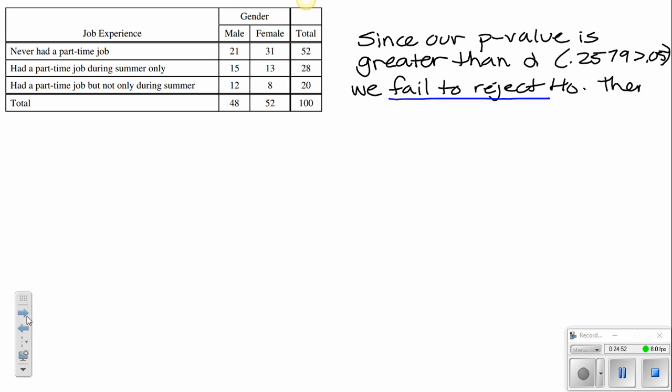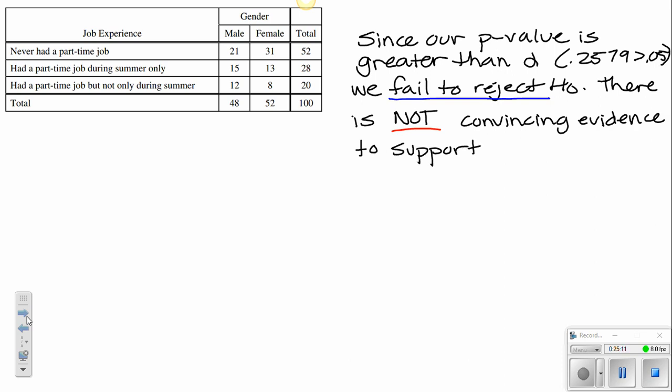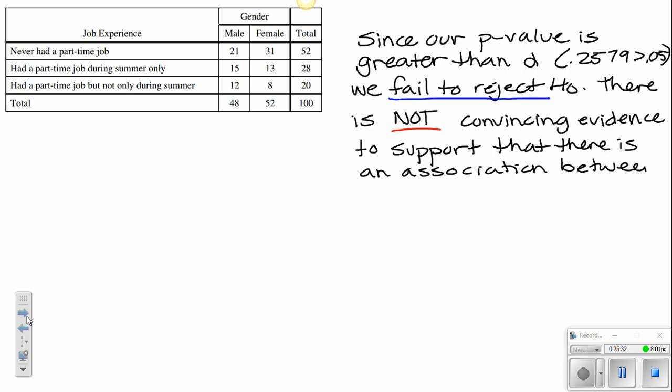That means there is not convincing evidence to support that there is an association between job experience and gender.